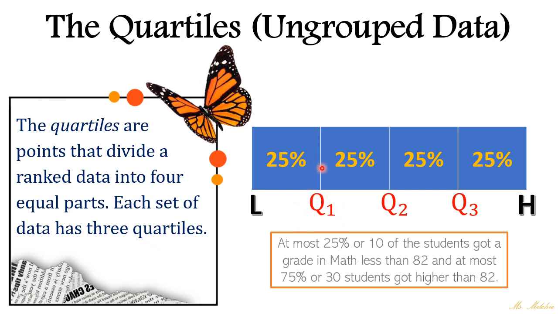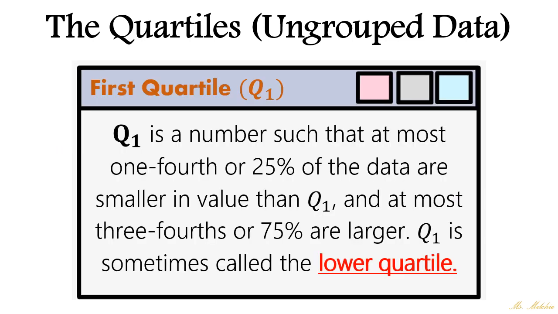And if you look at the right side of our Q1, we can see three 25%s. With that, we can say at most 75%, or 30 students, got higher than 82. As easy as that. That would be the pattern in making your interpretation.